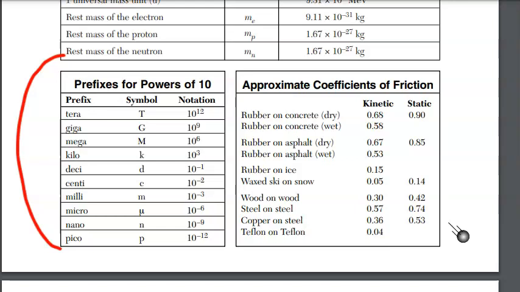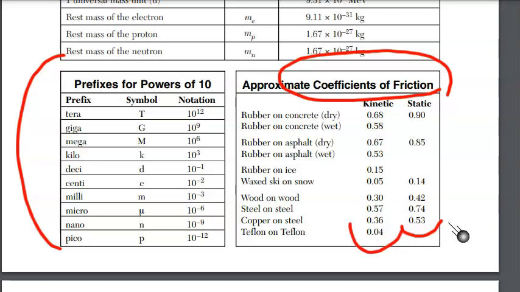Now, coefficients of friction. We haven't talked about this. These, of course, go along with an equation on the back of the reference table when we're dealing with forces. And what I just want to point out to you here is that you can easily see your static values are higher in comparison to the kinetic component.